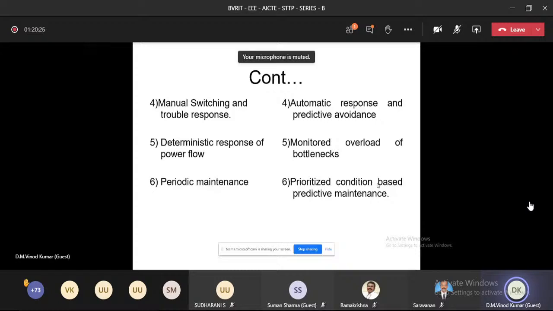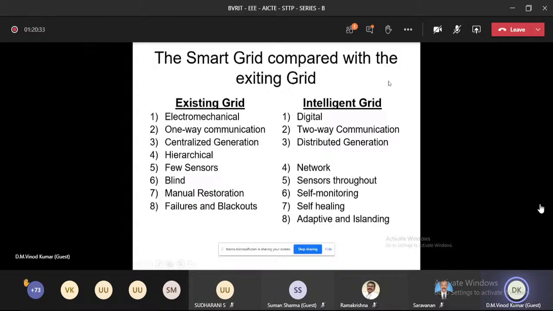Whether it is the existing grid or the intelligent grid or smart grid, in the existing grid everything is electromechanical, while digital is required, and one-way communication versus two-way communication, centralized generation versus distributed, because renewable sources will play a vital role in the future. It is hierarchical with few sensors throughout the network, whereas it is blind, as I mentioned: when a fault occurs in some deep forest, one should go and clear the fault.